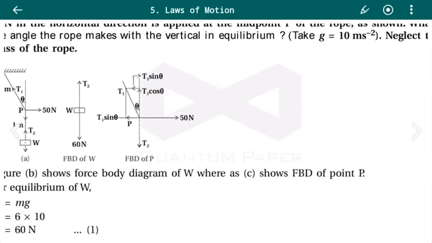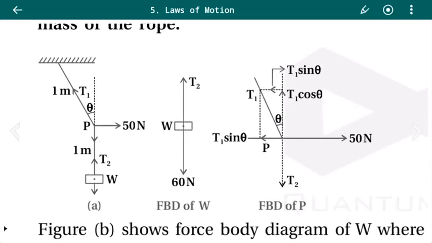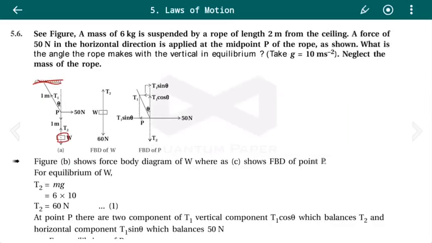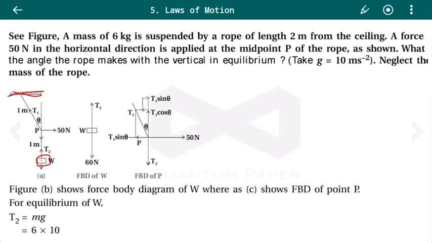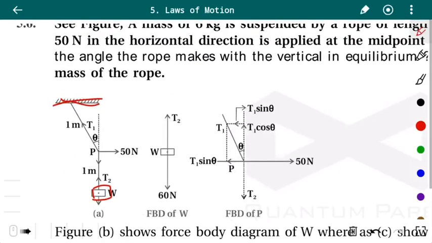So here, as you can see, the rope is tied to a rigid support and to the other end a mass is suspended, and its weight is given, that is 6 kg, and the length of the rope is 2 meter, and exactly at the midpoint of the length, that is at 1 meter, a force is applied to the rope in the horizontal direction and the force is 50 Newton.